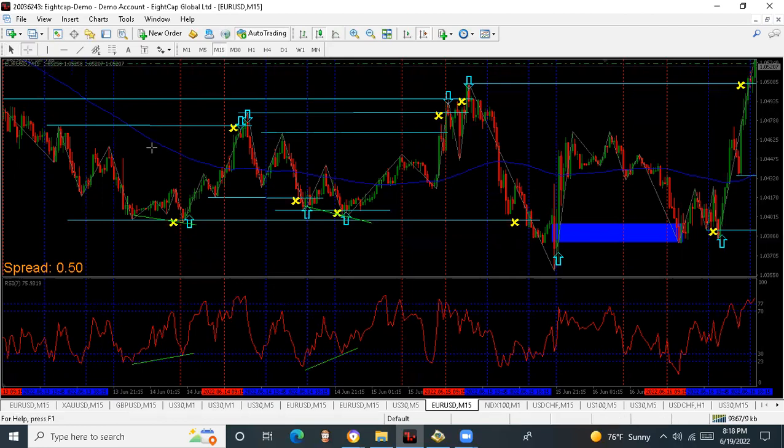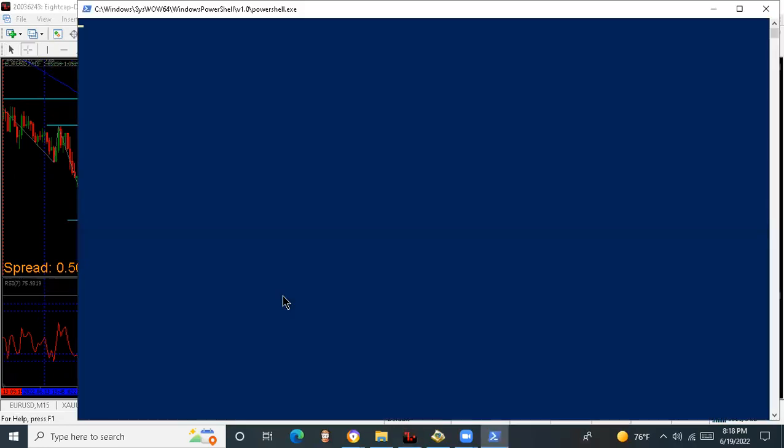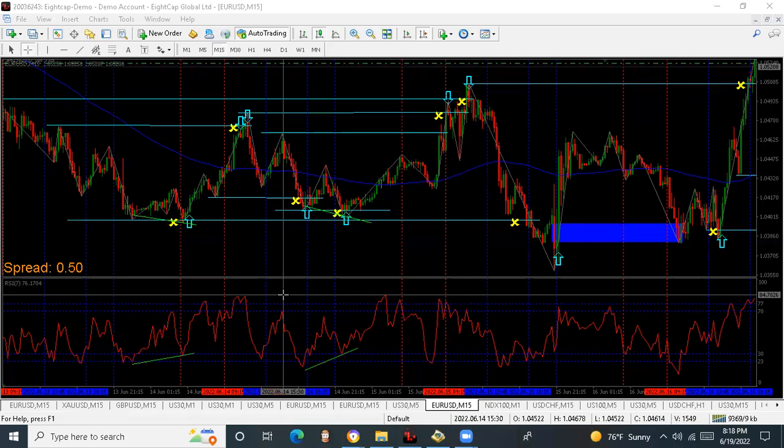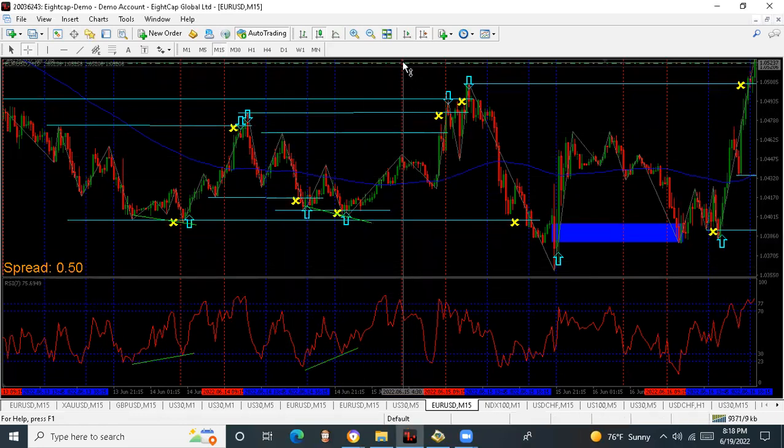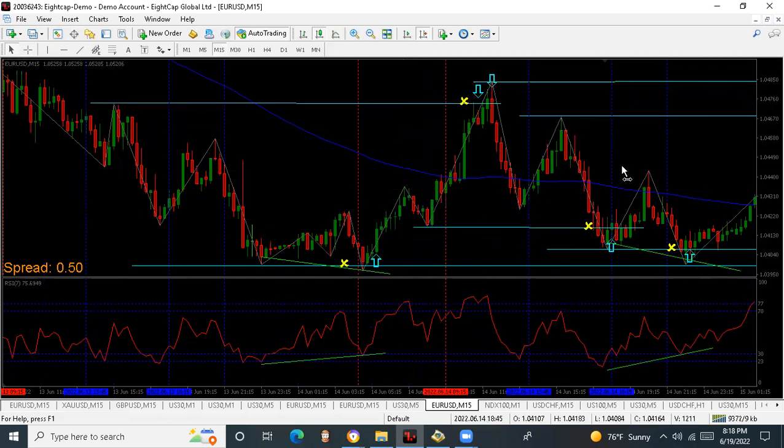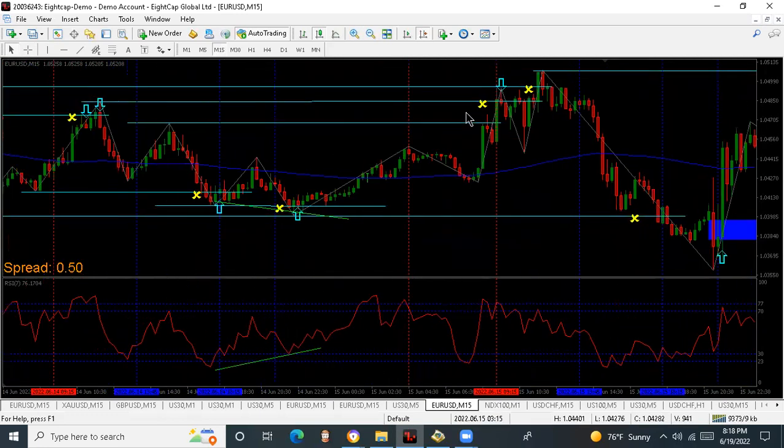Let's just see. All right, so we have a high priced in there. So it's a triple divergence, high, low, low, low. Market goes from here to here.